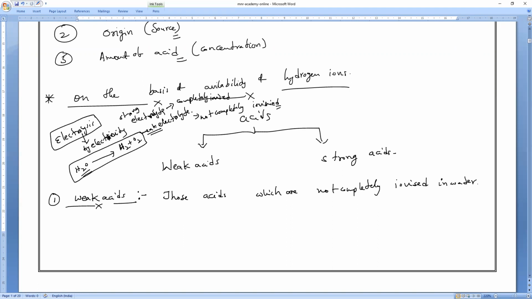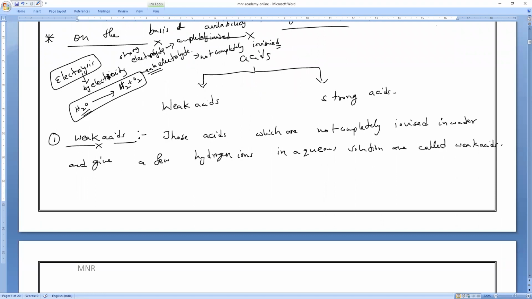So those which are partially ionized in water and give very few hydrogen ions in aqueous solution are what we call weak acids. For weak acids, the number of H plus ions increases by addition of water. That is very, very important.